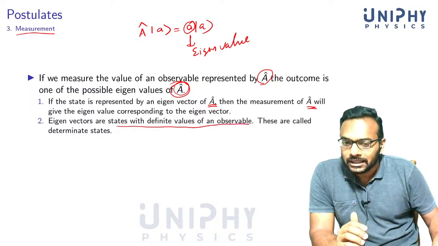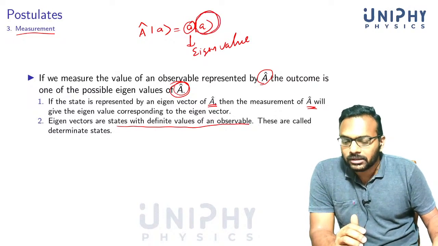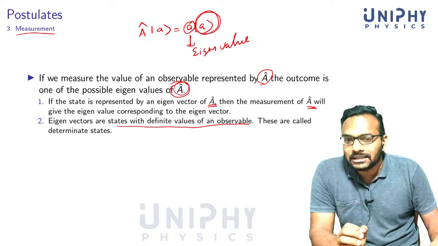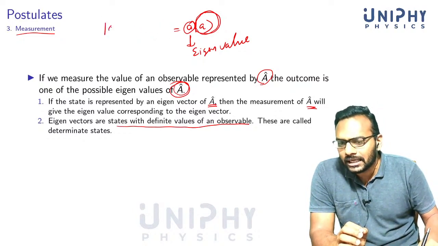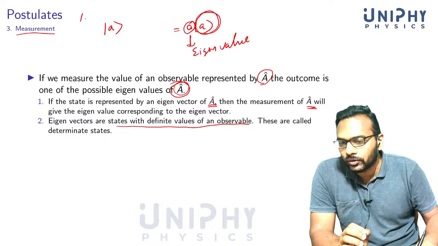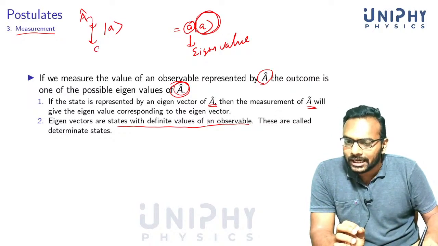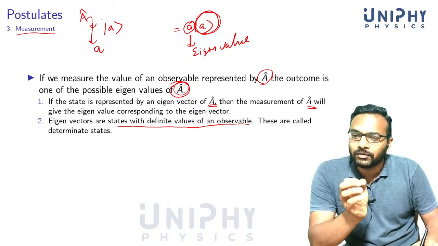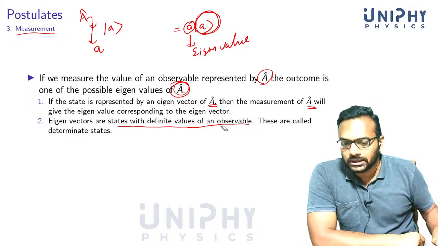If the quantum mechanical system is in an eigenstate of operator A cap, whenever you measure this observable, you are guaranteed to get the corresponding eigenvalue.